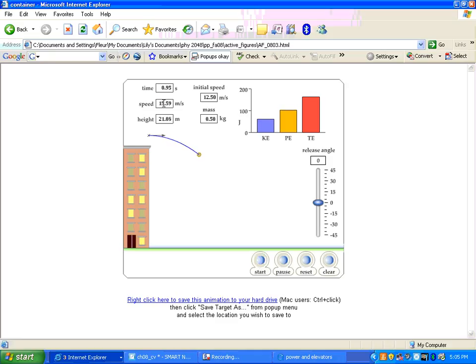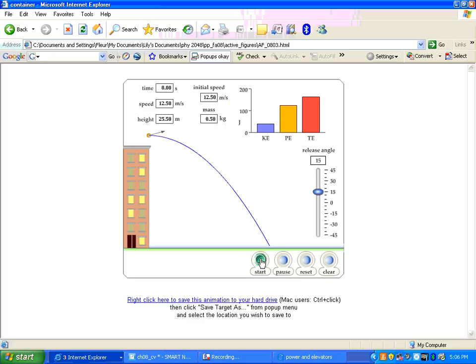Sure enough, we see that the speed is increasing from the initial value. Potential energy is decreasing, kinetic energy is increasing until it reaches the ground, just as we predicted. Note that it strikes the ground with 25.61 meters per second. Let's now go 15 degrees above the horizontal. 12.5, same initial speed.